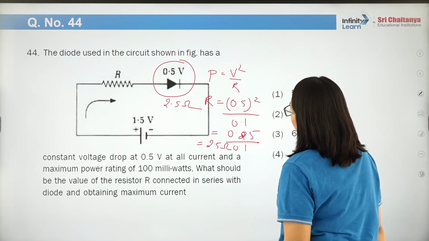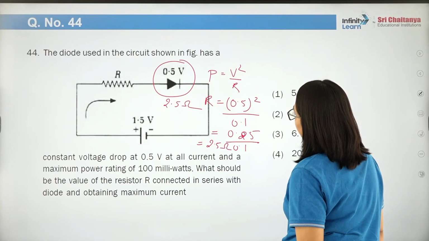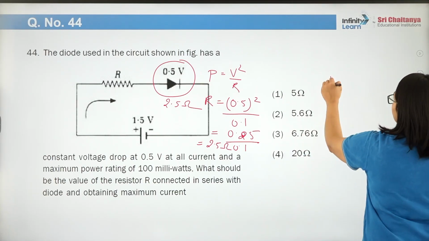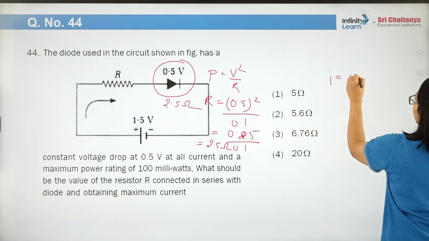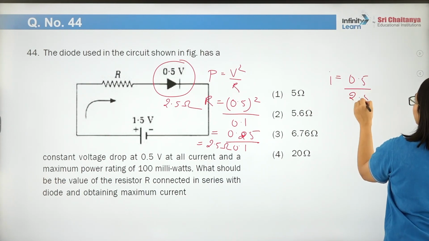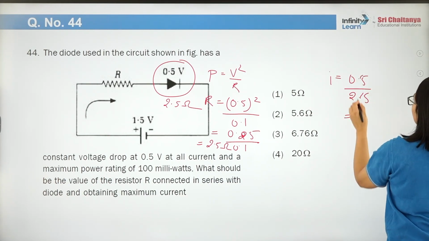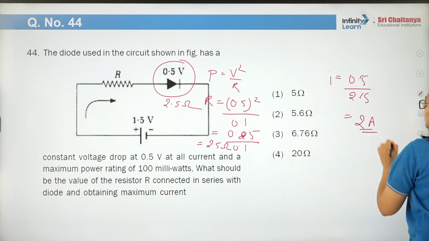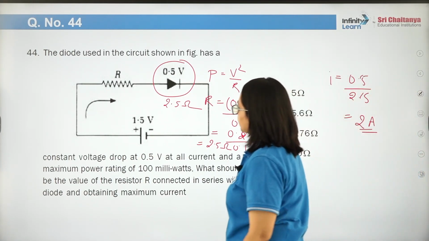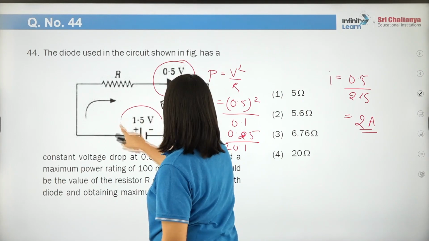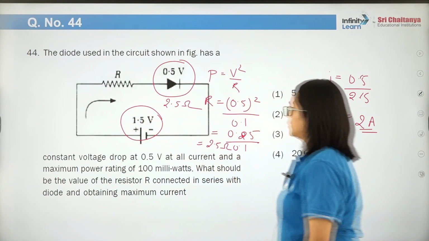Now current in the circuit will be I is equal to V upon R, 0.5 divided by 2.5. So this will be 0.2 ampere, right? And according to 0.2 ampere, let's find what is the total resistance offered.